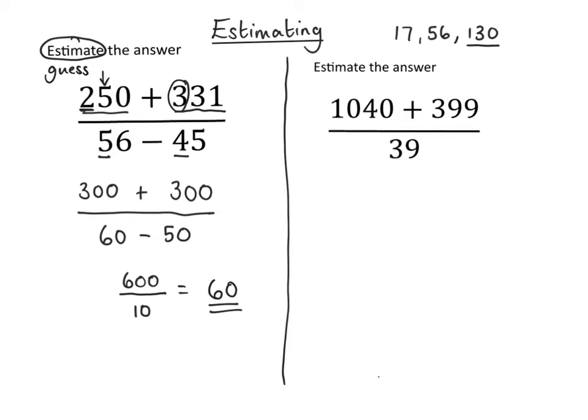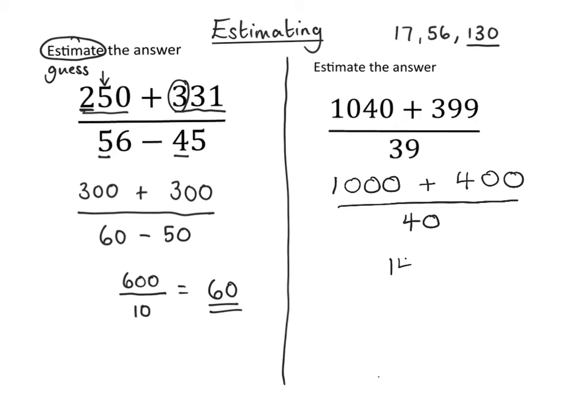Okay, so I'm going to take each number and round it to 1 significant figure. The first number would become 1,000 because I'm rounding it to the nearest 1,000. The next number would become 400 because I'm rounding it to the nearest 100. And the number on the denominator would become 40 because I'm rounding it to the nearest 10. That's a calculation I can do in my head.